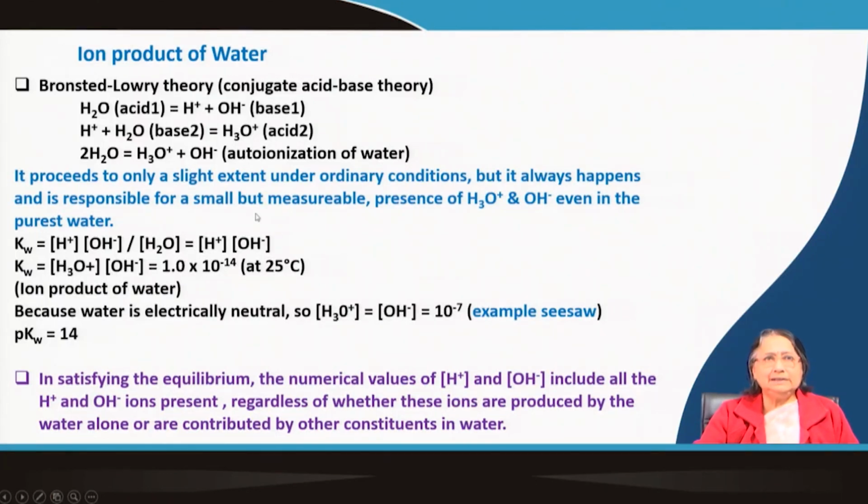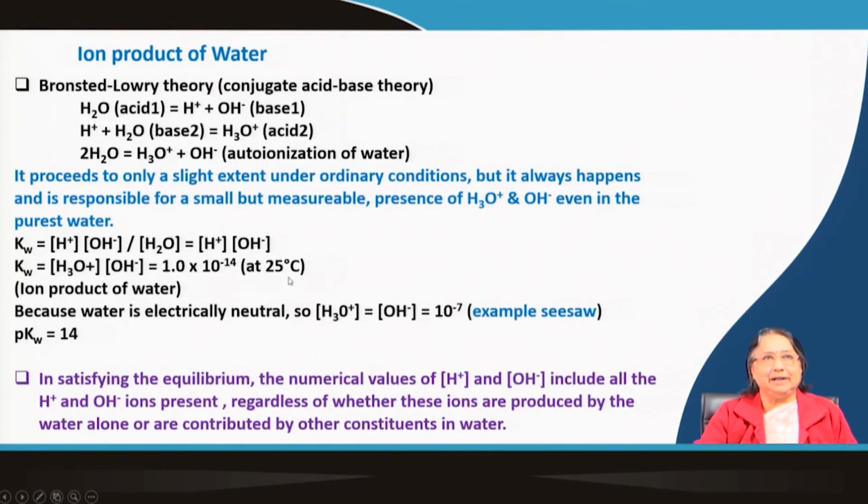This is the simple way to write it, but actually we should write Kw equals H3O plus concentration times OH minus concentration, which is 1 into 10 to the power minus 14 at 25 degrees centigrade.